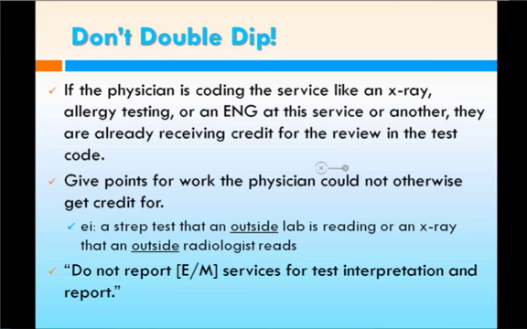But if you're actually getting credit for the radiology tests and interpretation using the radiology code or the ECG code, whatever kind of code you're doing, then you would be counting that interpretation as part of the professional component of that CPT code. So you would be billing that test, and therefore you would not then be giving credit under the EM section as well.